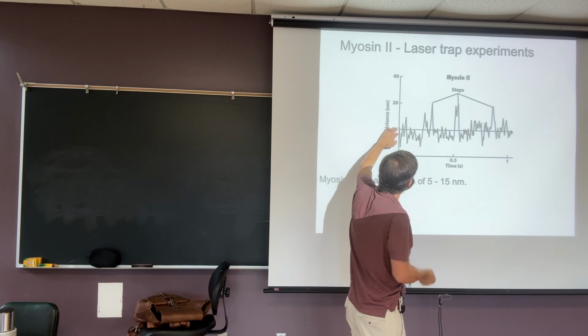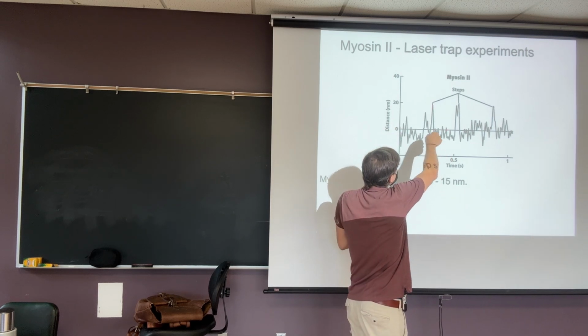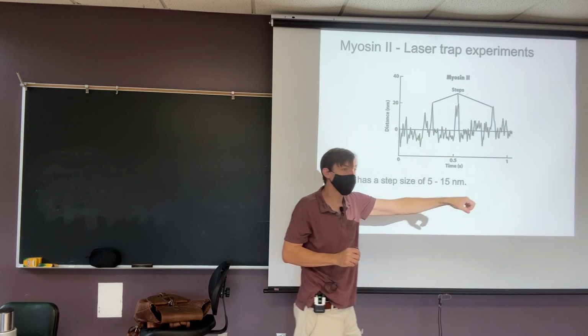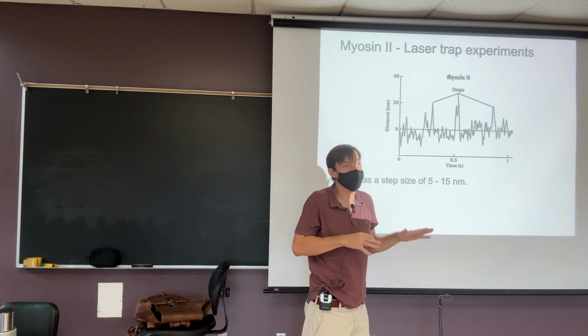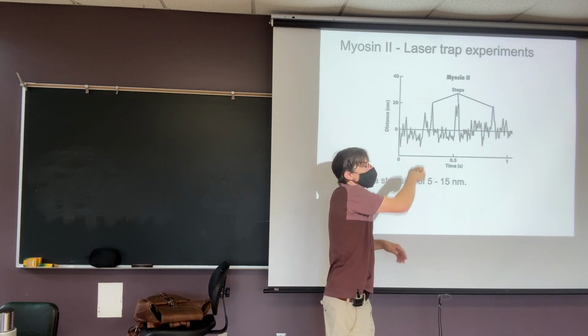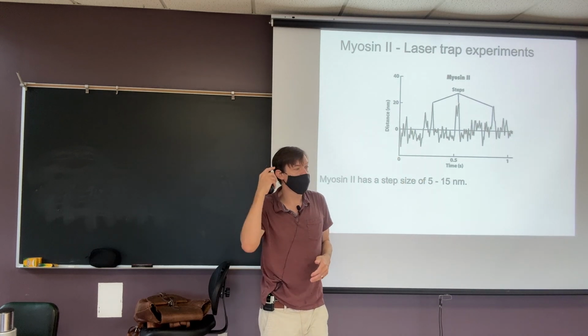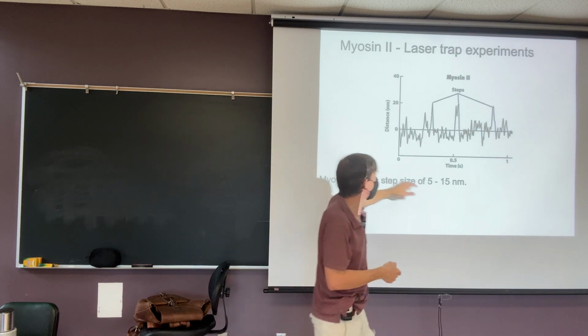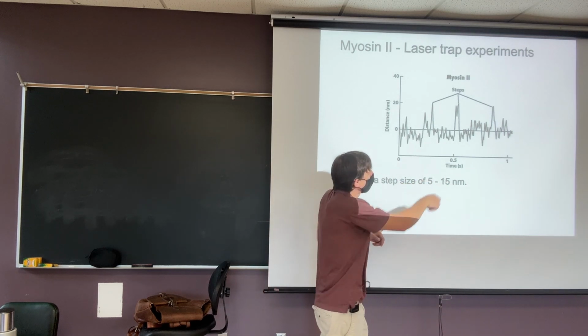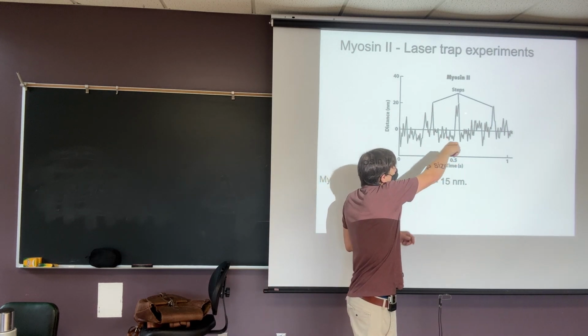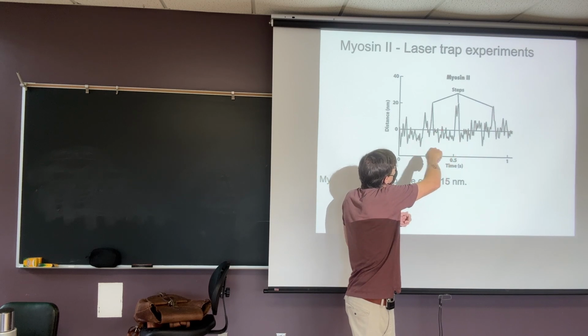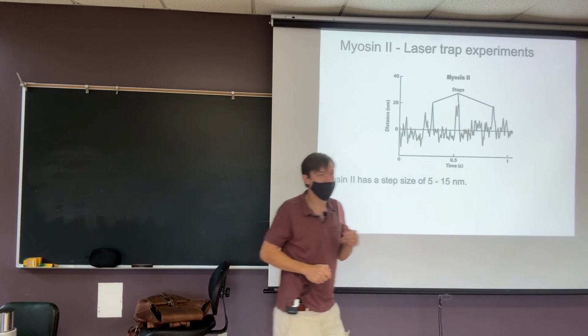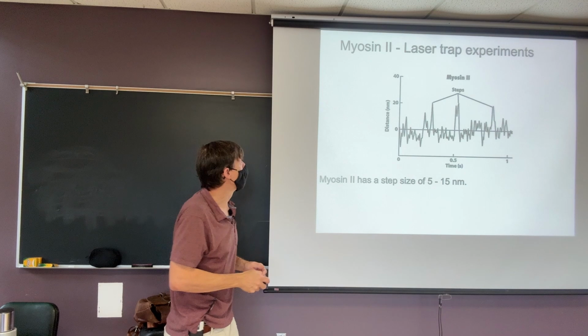From this, you can see there are these large peaks that are transient. It moves and then it gets released, and it's about 20 nanometers. So we want to remember something on step size between 5 to 15 nanometers. At the extreme, it can be about 20, but there are these smaller steps in here as well.